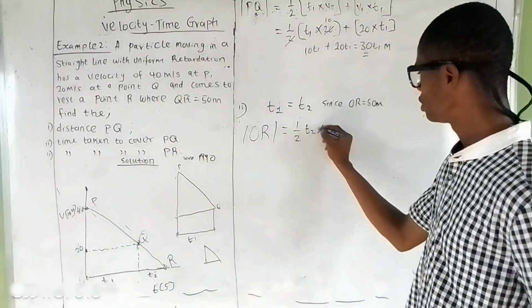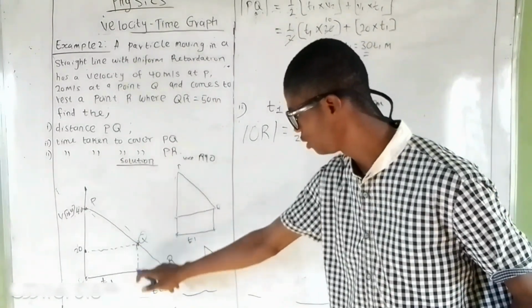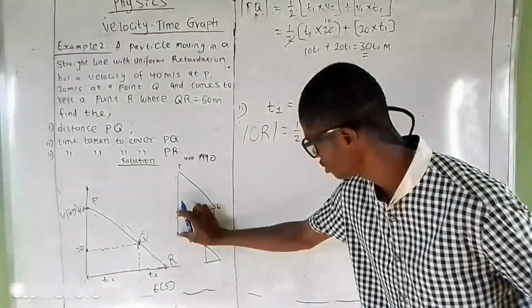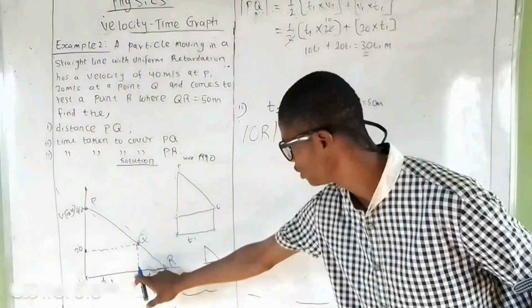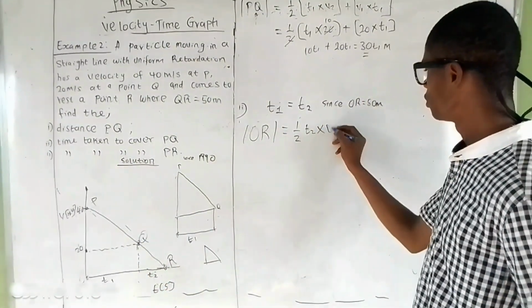Half T2 times V1. That's the first small space here.